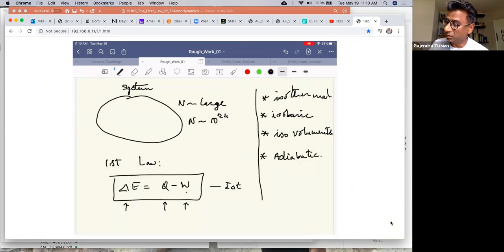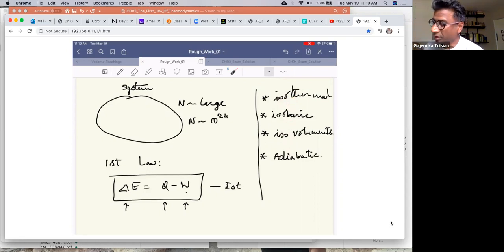Do any of these words mean anything to you guys? Anybody? An isothermal process is a process where the temperature remains constant. We'll say something about each of these terms for these 4 processes, for ideal gases.